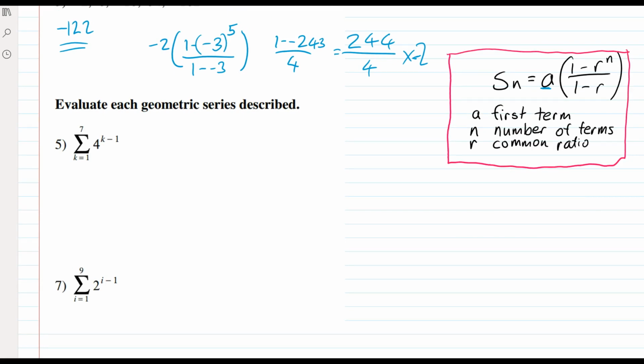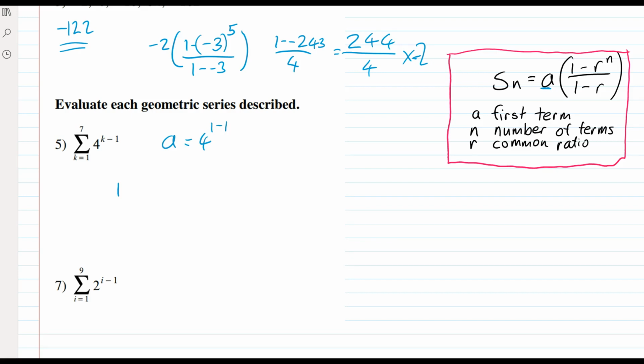Okay, so with 5, what I've got is a description of a series, and I need to find each number myself. So first of all, it's 4 to the k minus 1. When I'm finding the first term, my a will equal 4 to the power of 1 minus 1, which is 4 to the 0, or just 1.